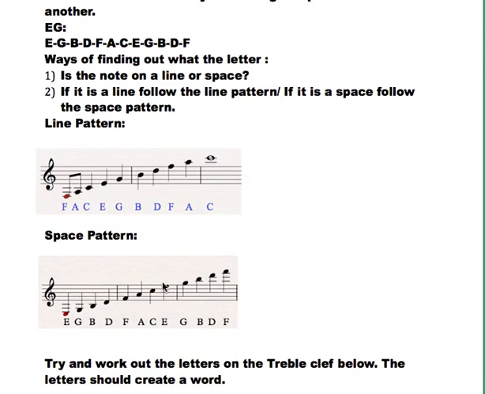The first space that we know is the space of the faces. So let's continue on ascending the pattern. F, A, C, E, then continuing on with Every Good Boy Deserves Fruit. So we can see that that letter would be a D.